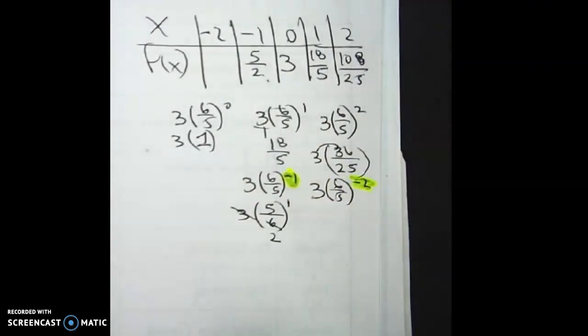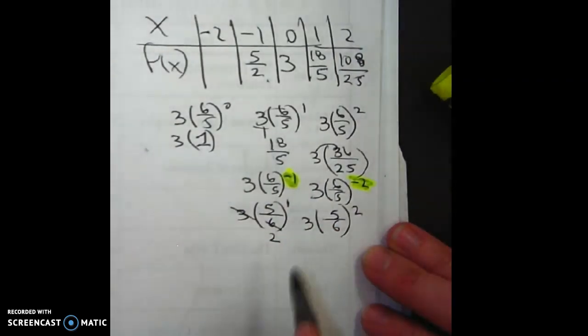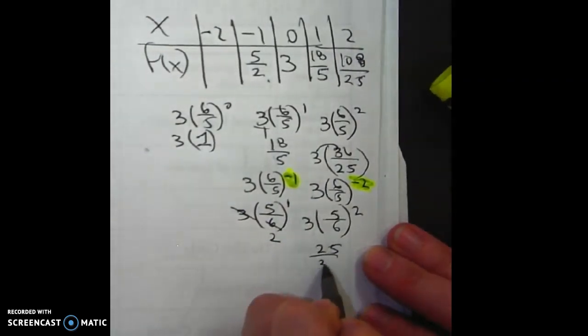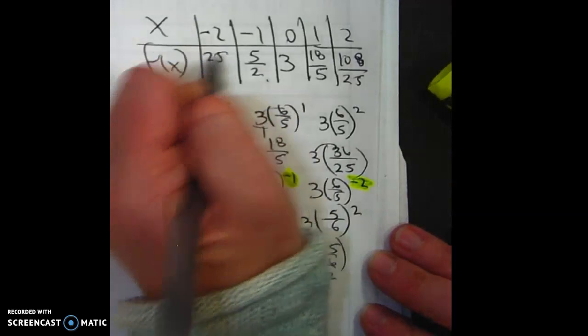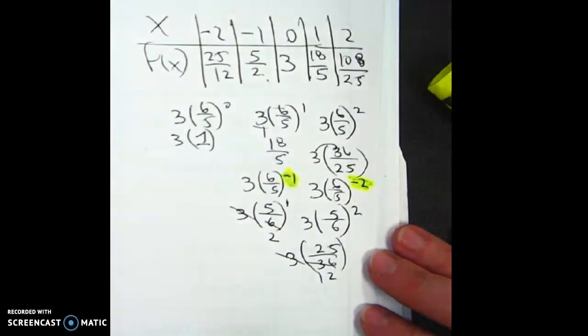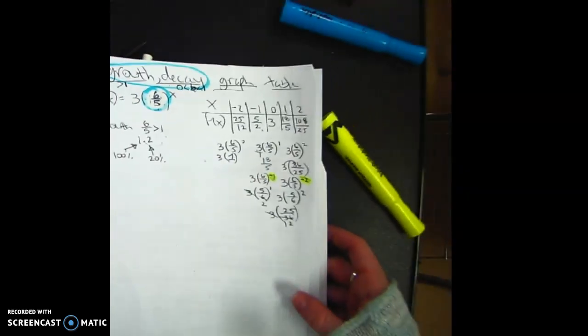Anytime you have a negative exponent, you flip it. Distribute, distribute. Times 3. 3 goes into 36 12 times. 25 over 12.